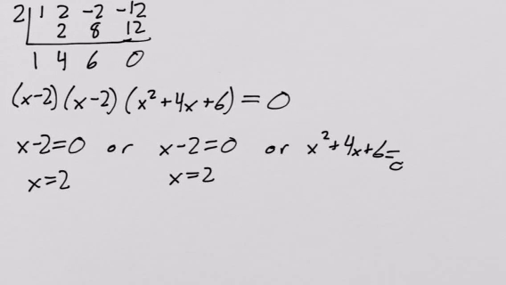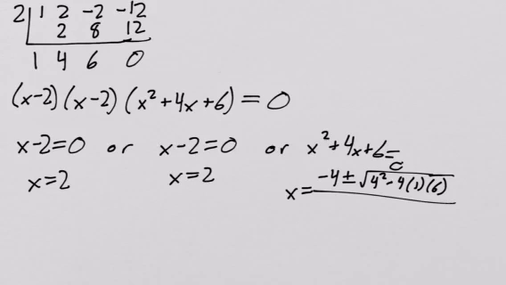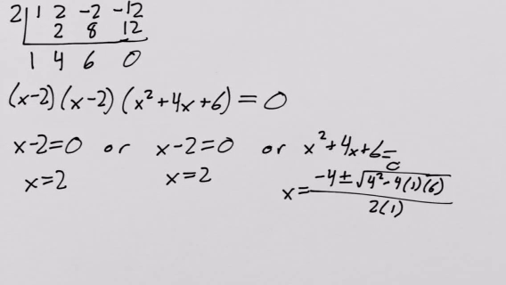And then here I plug it into the quadratic formula. x equals negative 4 plus or minus the square root of 4 squared minus 4 times 1 times 6 over 2 times 1. That's going to give me negative 4 plus or minus the square root. Simplifying that whole thing gives me negative 12 over 2.